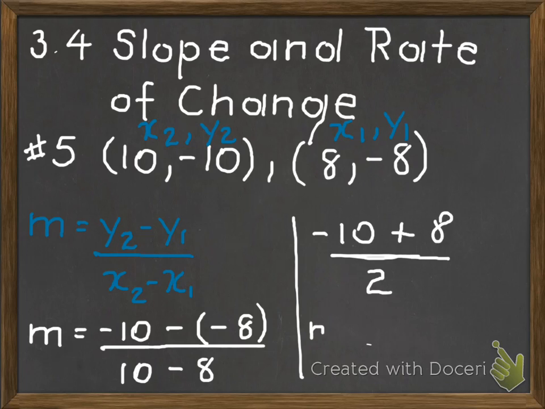So we have m equals negative 2 over 2, and negative 2 over 2 is negative 1. So the slope of the line that passes through the two given points here is negative 1.